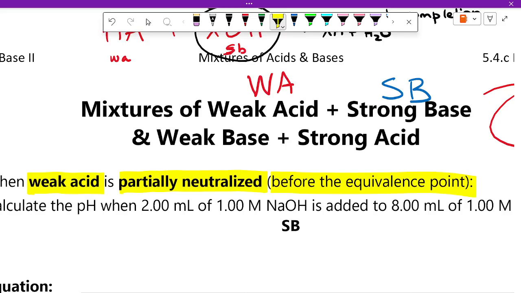So when a weak acid is partially neutralized, which species is in excess? If I've added enough strong base that I've only partially neutralized the weak acid.